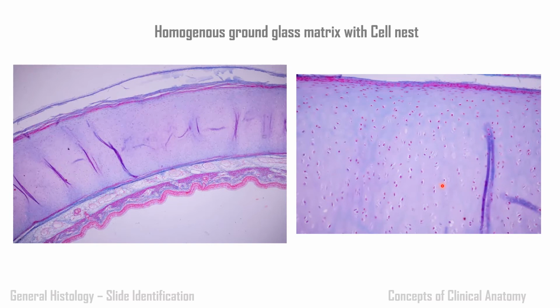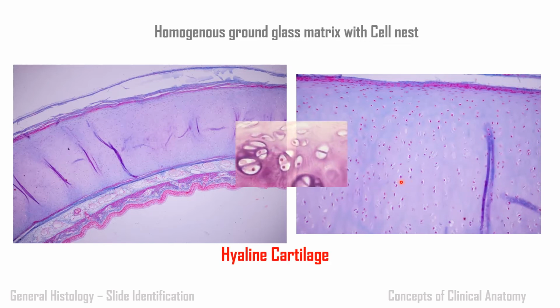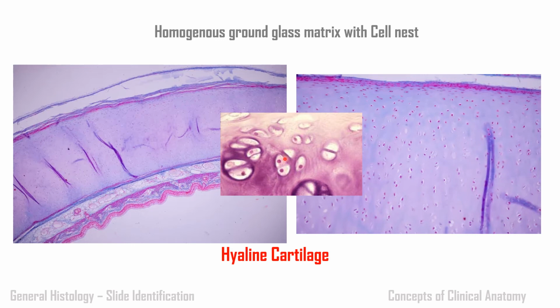You can't see any fiber at all. Then if you observe the cells closely, the adjacent surfaces of the cells are flattened, so this is a kind of cell nest. This is the unique feature of hyaline cartilage.